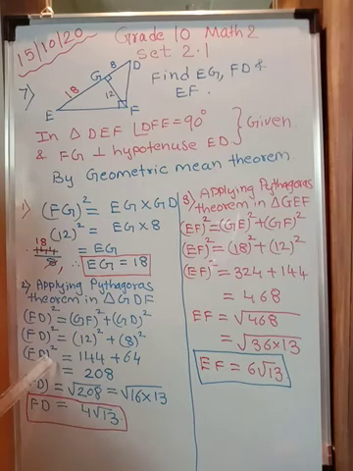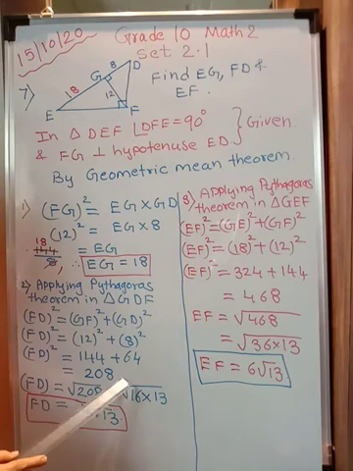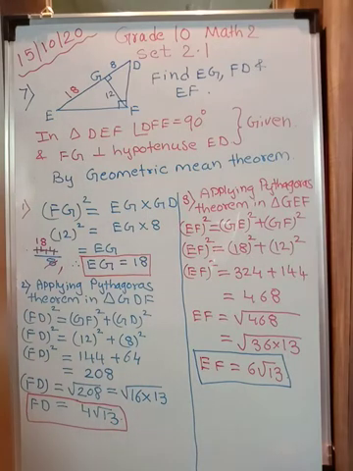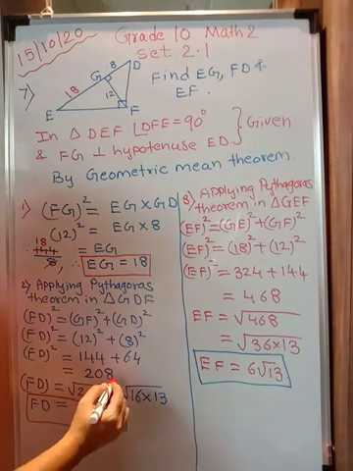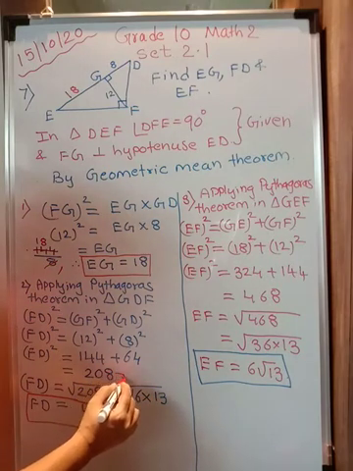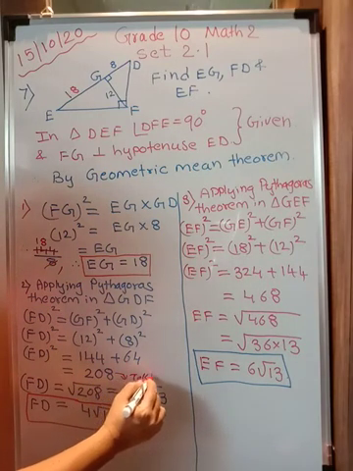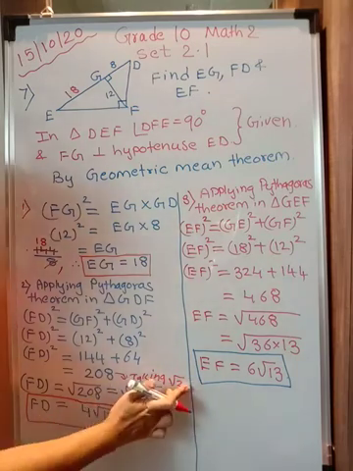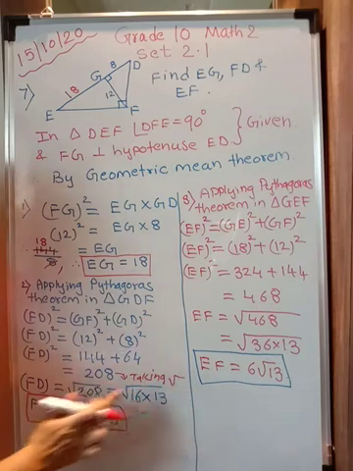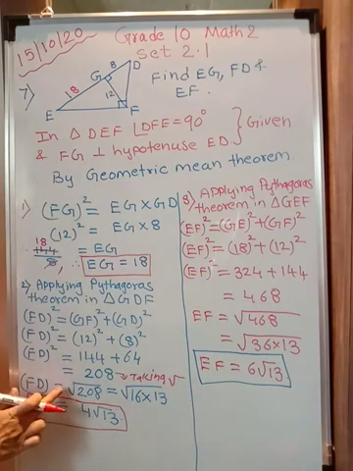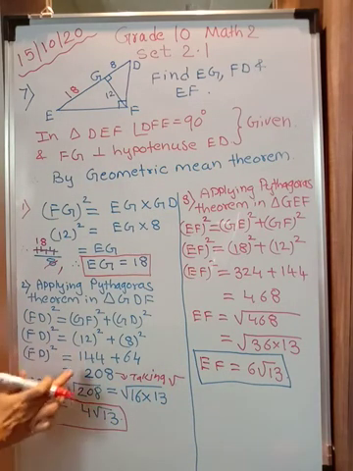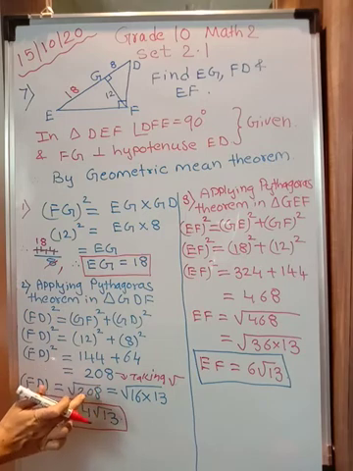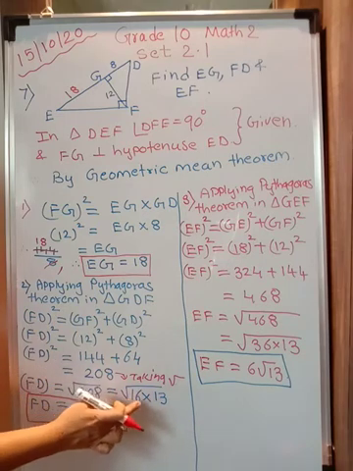But we want FD. So you have to take the square root from both the sides. Please write here: taking square roots from both the sides, you get FD is equal to square root of 208. 208 can be split up into 16 into 13, where 16 is a perfect square.